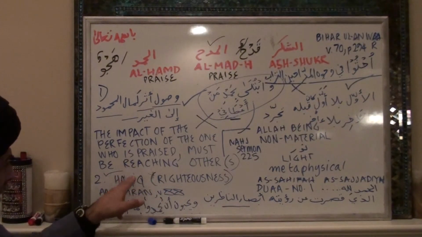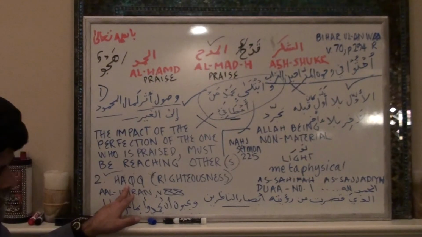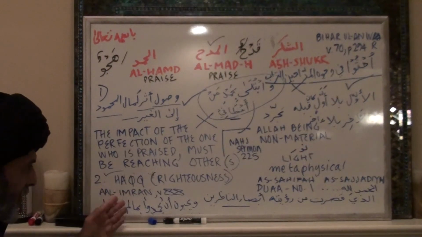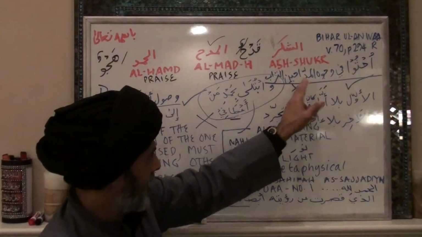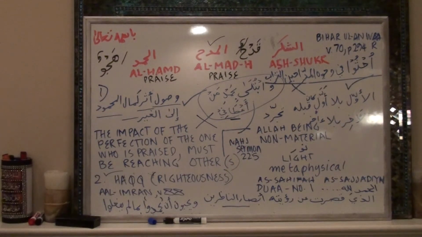So this difference, that hamd is specific to haqq only, is not acceptable, because we have examples proving that the word hamd is used for batil, just like the word madh is used for batil. So haqq here doesn't mean that they deserve the madh or the hamd. Haqq means that they're being praised for being righteous.